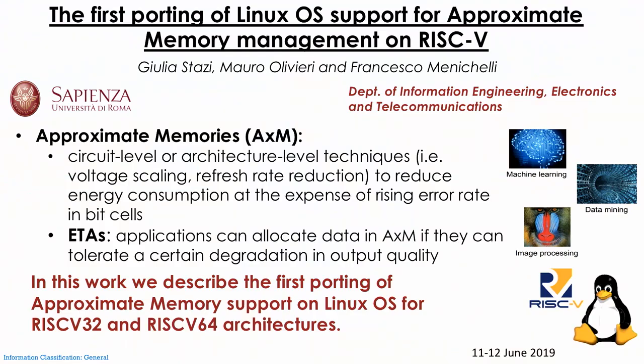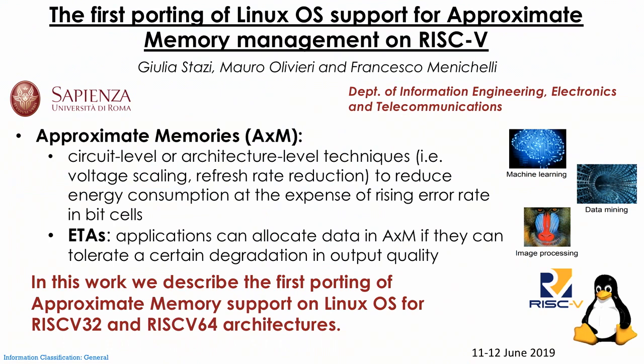I am presenting a work done at the digital group at University of Rome La Sapienza. It is the first porting of the approximate memory support on Linux operating system for RISC-V architecture.